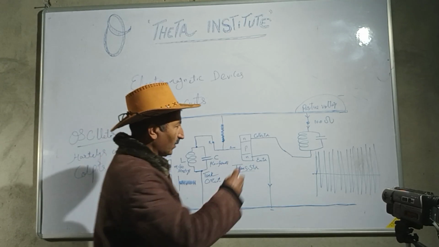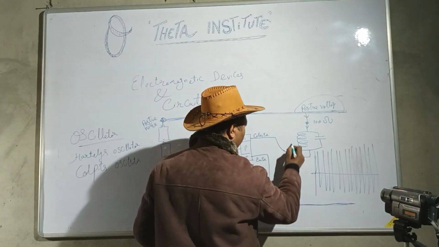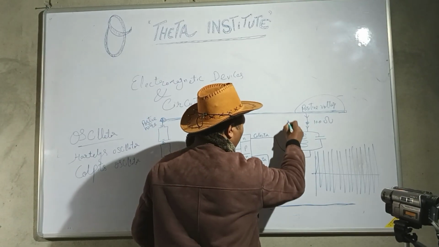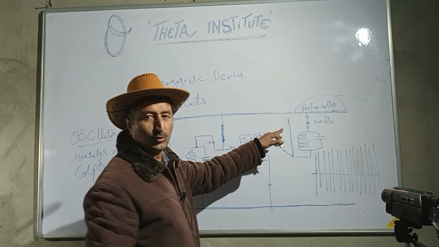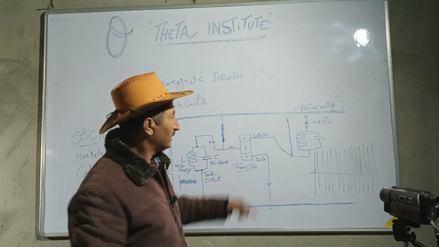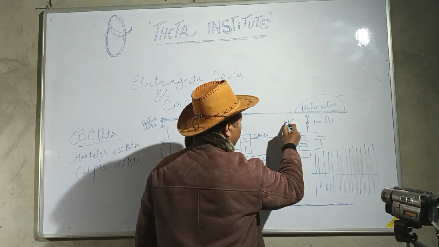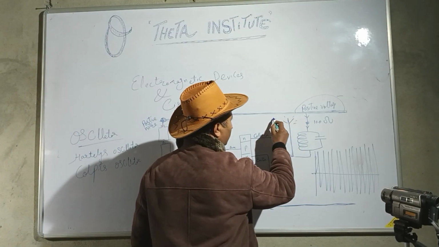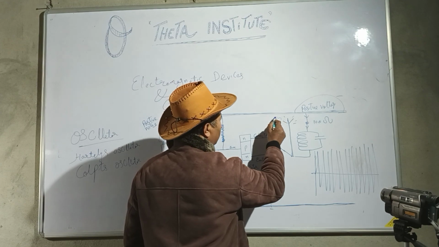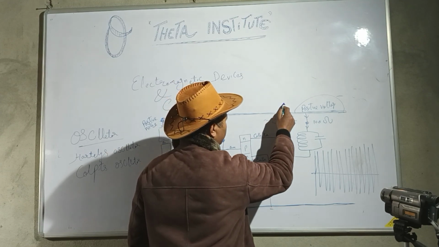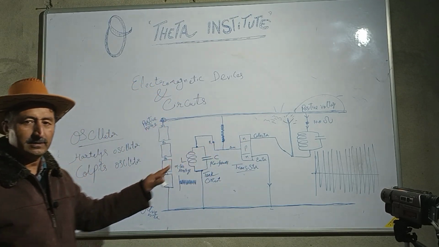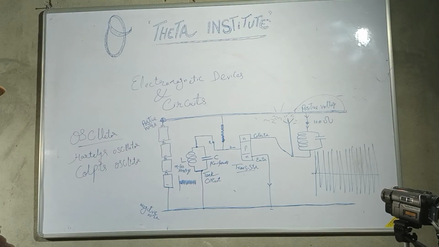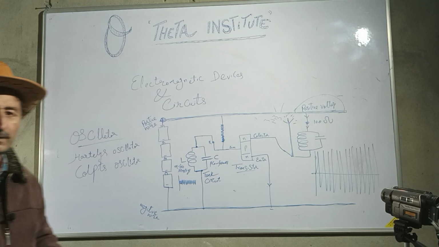If you connect a rod here, the rod should be half the wavelength. These waves are transmitted in air. And what we will get is a transmitting station.